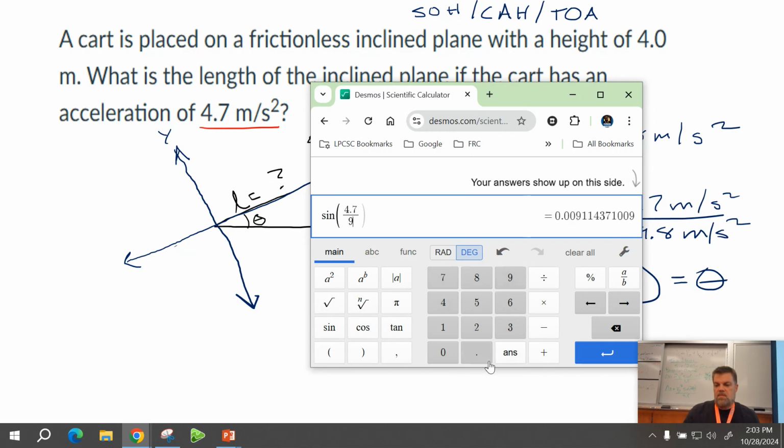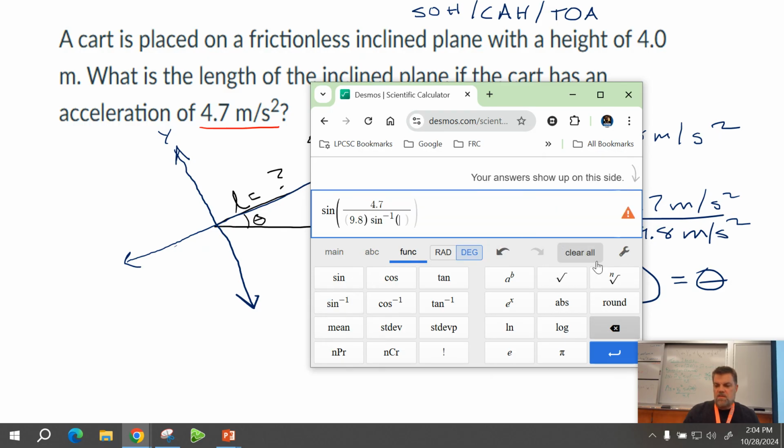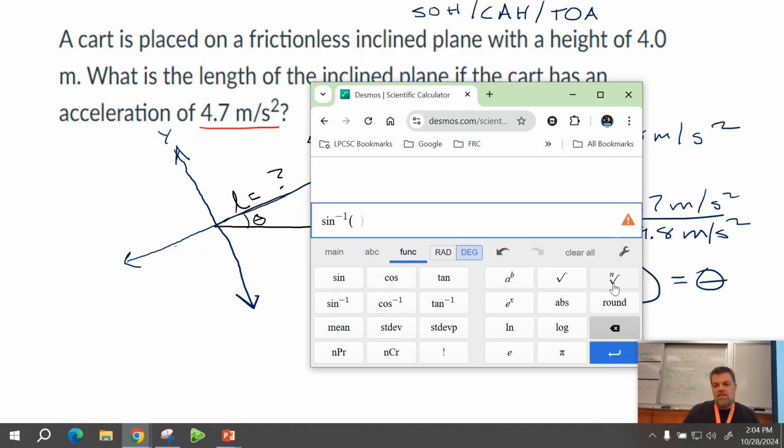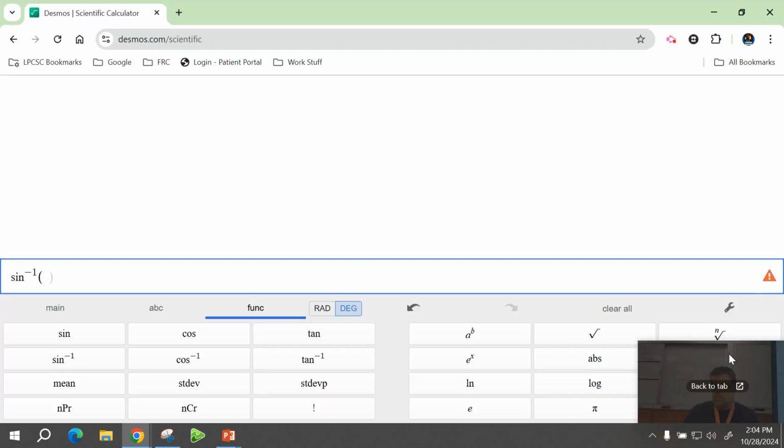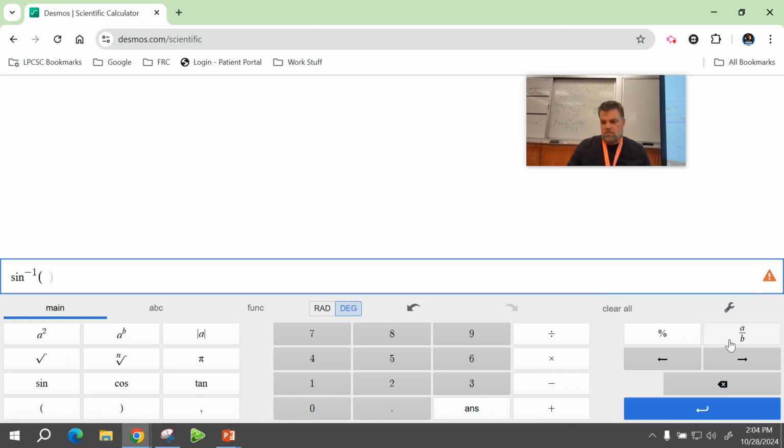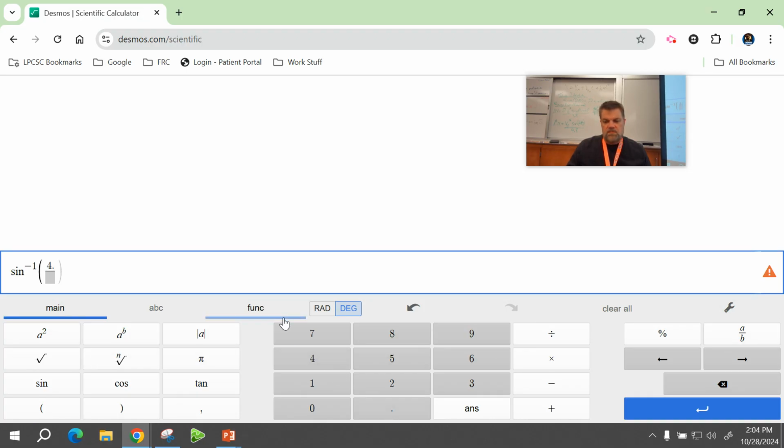Oh, I hit the wrong thing. We've got to do arc sine, right? So let's clear all this out. Arc sine of 4.7 divided by 9.8. There we go.